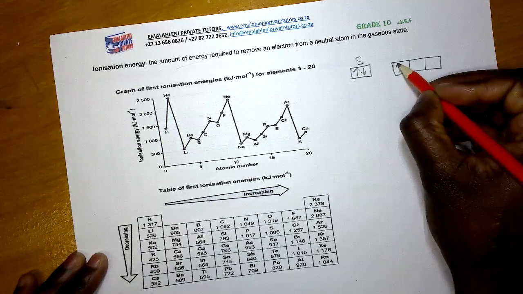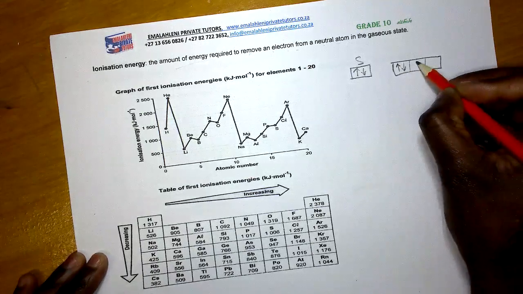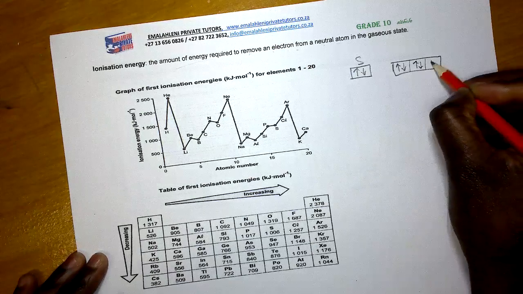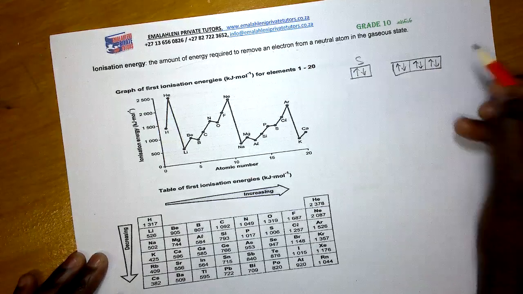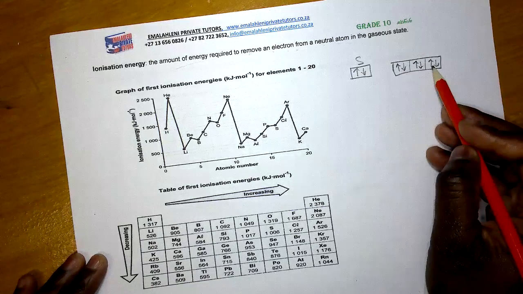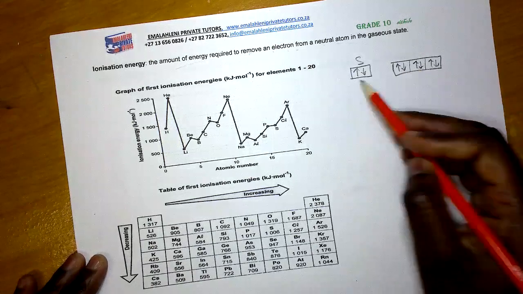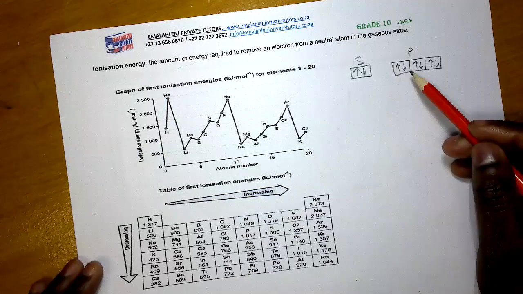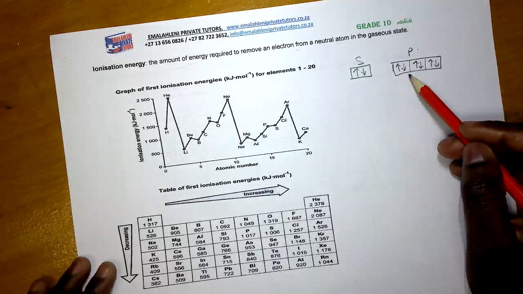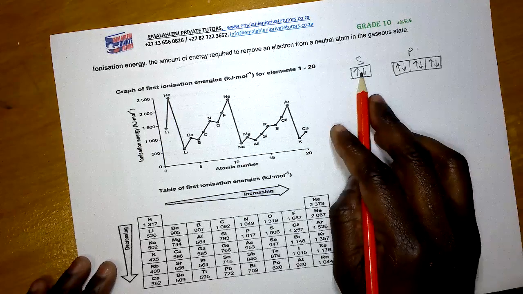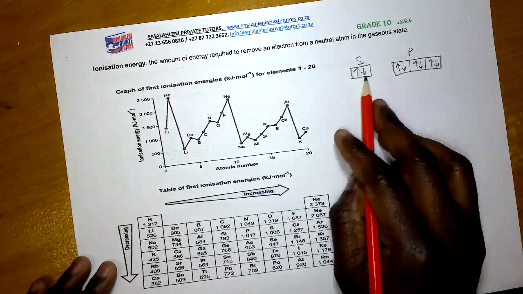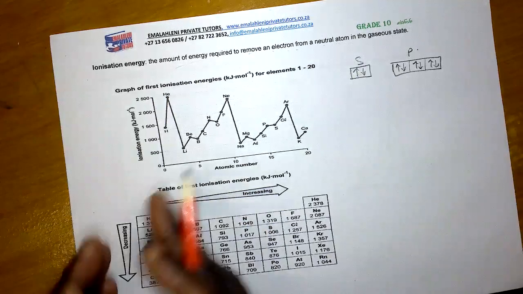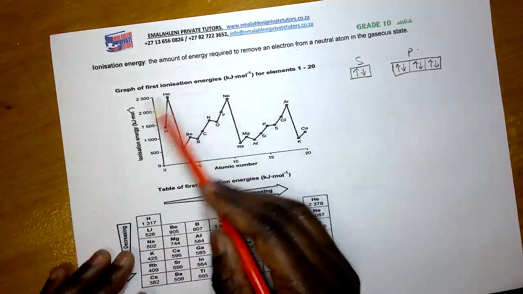So now I want you to understand something here. This is the p orbital. Now these electrons do repel each other. You understand? They do repel each other, and when the s orbital is filled like this, it means they are more stable like this. But now let's check here and see what's going on. We have helium, it's fine.